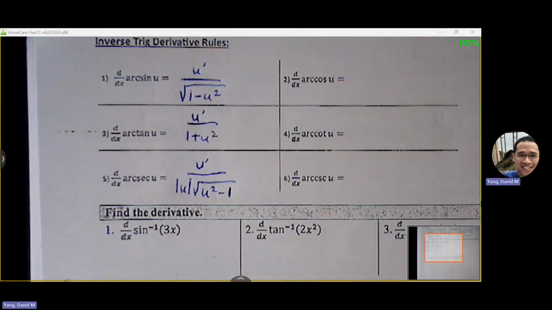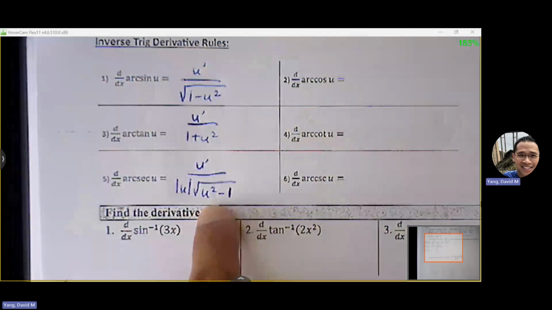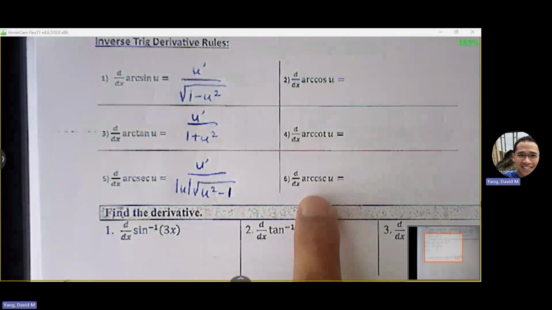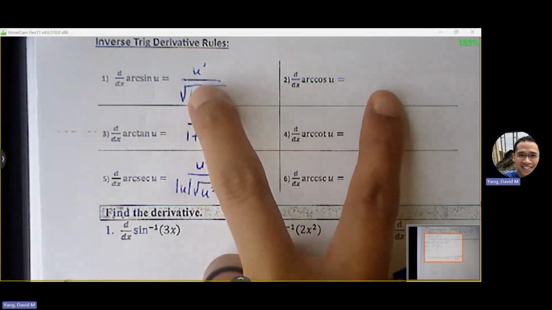Okay. I have a way of memorizing this, but we'll go through and make sure we know how to use the rules first, and then I'll come back and talk about memorizing these rules. But if you can know these three, then the nice thing is the arc cosine, arc cotangent, arc cosecant, you can just copy them over.